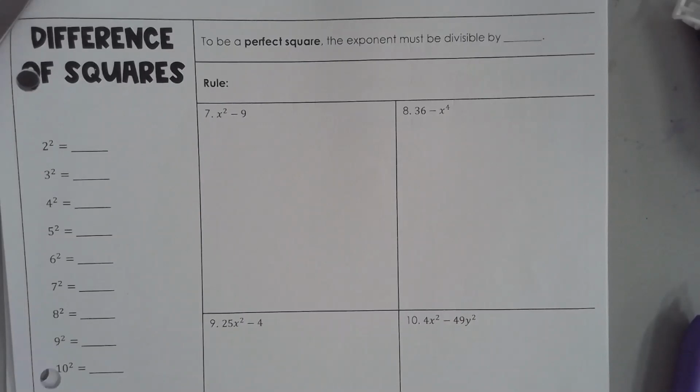On the side, write down those perfect squares. Go through and fill out those blanks. 2 squared, 3 squared, 4 squared, 5 squared, 6 squared.